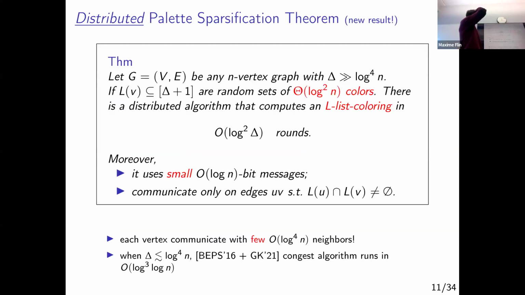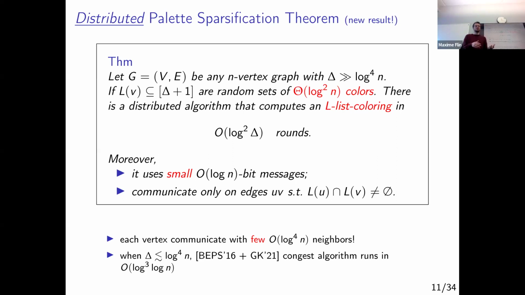Okay, so the theorem is this. You have a graph and you sample slightly more colors, log square colors instead of log n. Assuming either the sparsified graph is given or something like we just discussed, you can compute distributively the list coloring that corresponds to what you've sampled in log square delta rounds, which is pretty fast for a distributed algorithm.